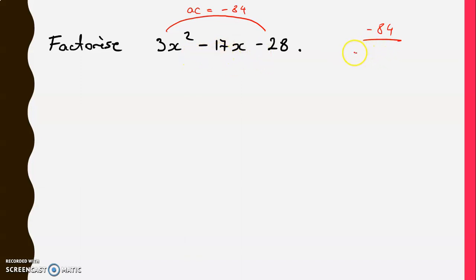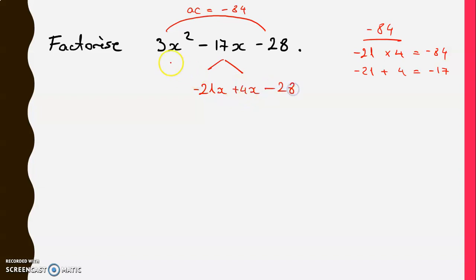I have already done this one, so it's minus 21 times 4, which gives us minus 84, and when we add these two numbers, we end up with minus 17. So brilliant. We have to split this minus 17x into minus 21x plus 4x.